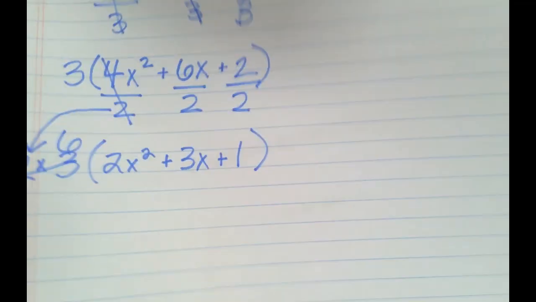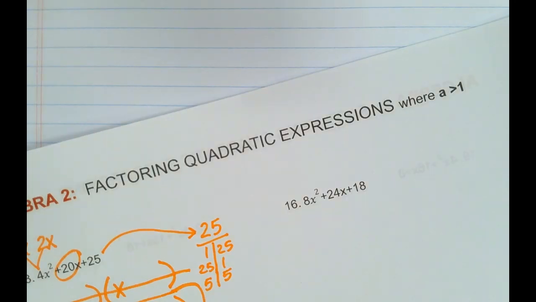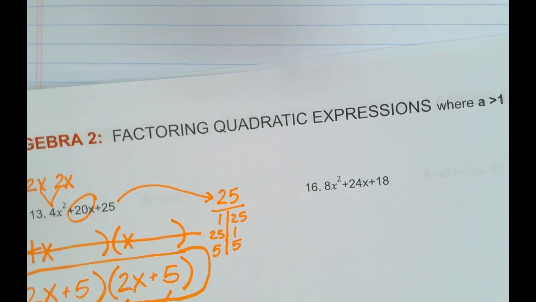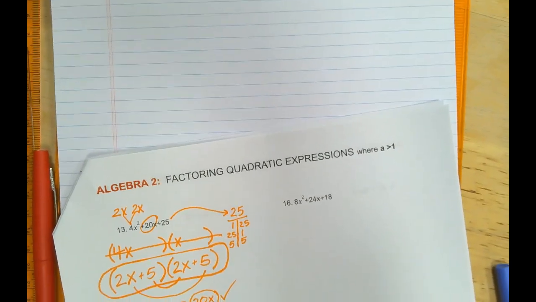So let me rip this out and start a new page. If you think a guide that would take you through each step of factoring an expression like this would be helpful, then this would be a good time to perk up and pay attention and take some notes. If you feel good, though, you go right ahead on the worksheet.